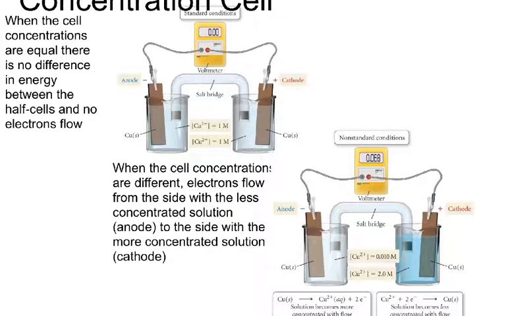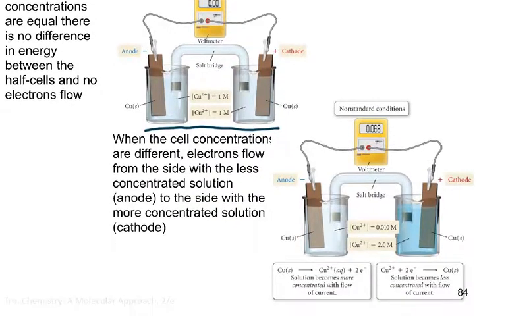All right. We can create a voltaic cell based on concentration instead of having two completely different reactions going on. So if our cell concentrations here are equal, there's not going to be any change in potential.